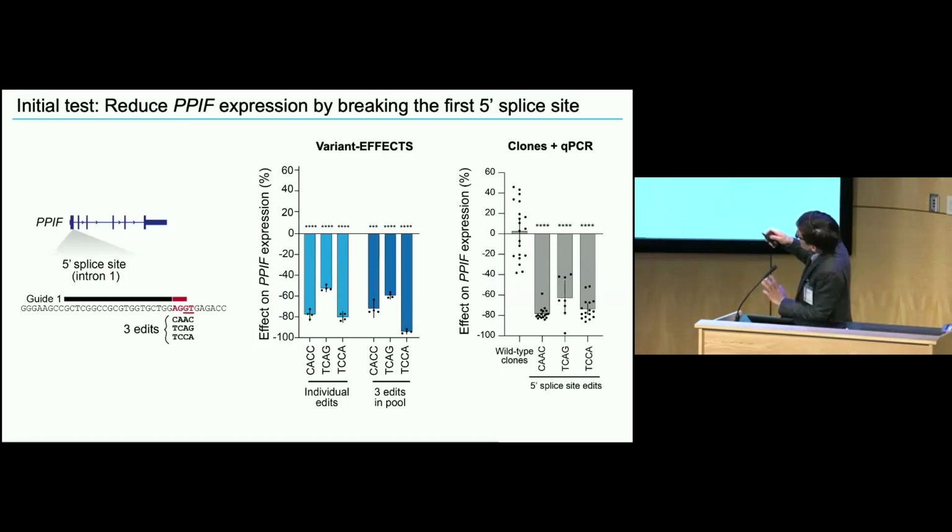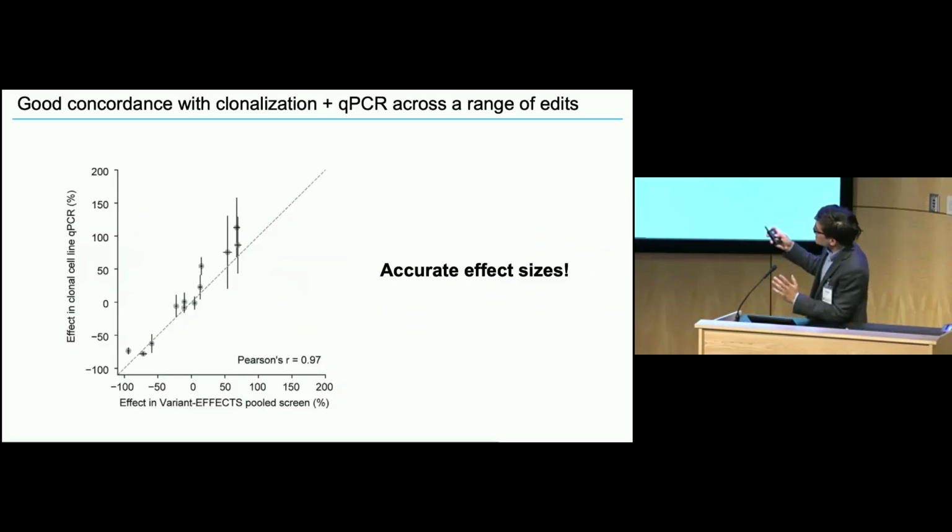So we repeated the same type of analysis across edits of many different effect sizes. And here, summing up tens of thousands of clones and many qPCRs, we show that across many different edits, the effect size that we measure in clonal cell lines with homozygous edits matches the effect size that we estimate with variant effects in this pooled screen that includes cells of many different genotypes.